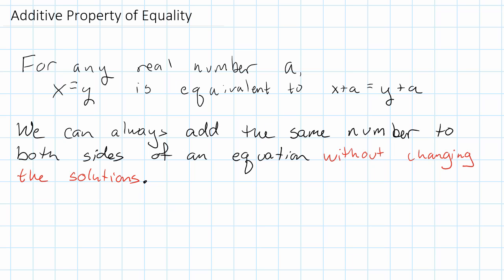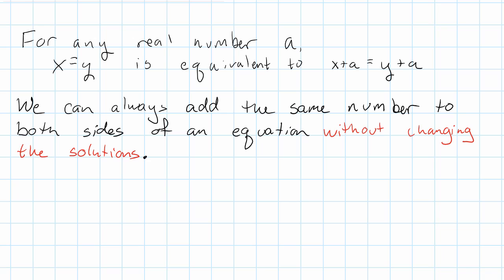That when we add this number to both sides of the equation, we get a new equation with exactly the same solutions as the old equation had. So, for example, if we know that 2 plus 3 equals 5, which it is, no matter what value any variables have, this is certainly true.